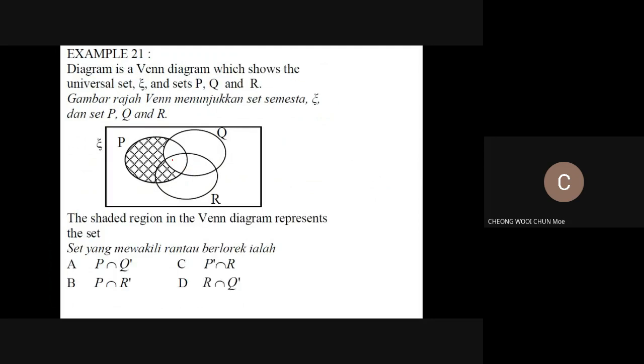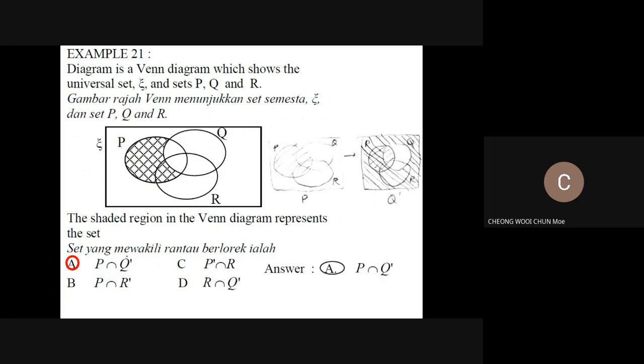Then example 21. The shaded region of the Venn diagram represents the set. So we must test one by one. Find out this one, cannot be the wrong answer, then you find B, then you find C, then you find D. Usually the front one won't be too tough for you because it takes time. So I test A first, check whether it is correct or not.